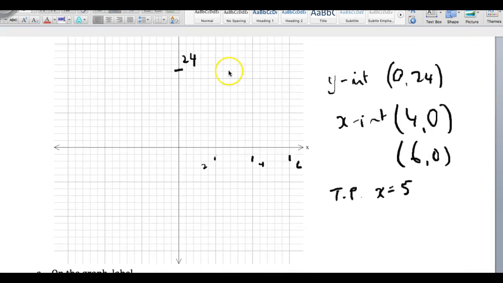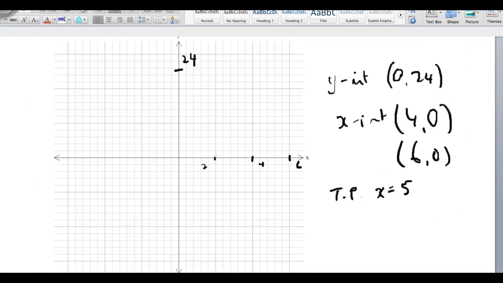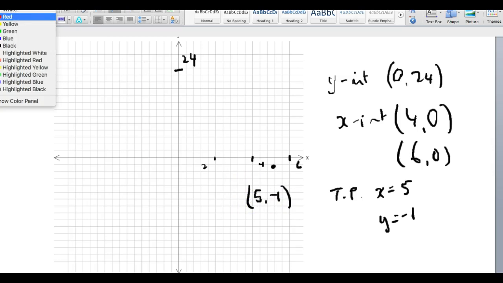So when you substitute that x equals 5 back into your equation, you get y equals -1. So that's going to be (5, -1). And it's a pretty horrible graph, but anyway.